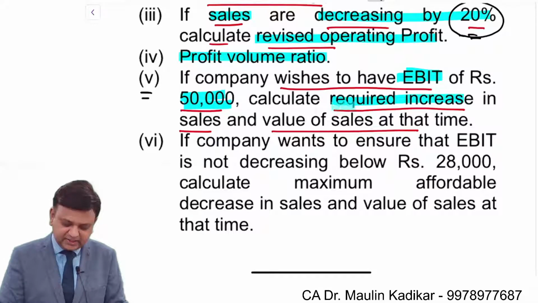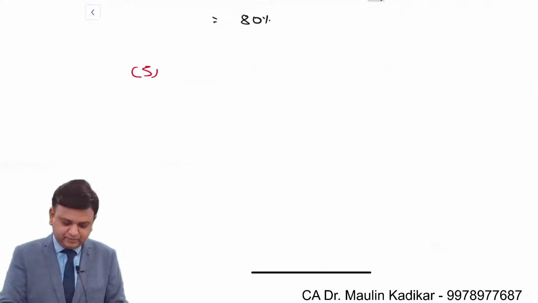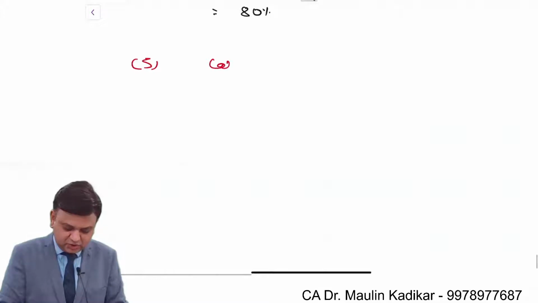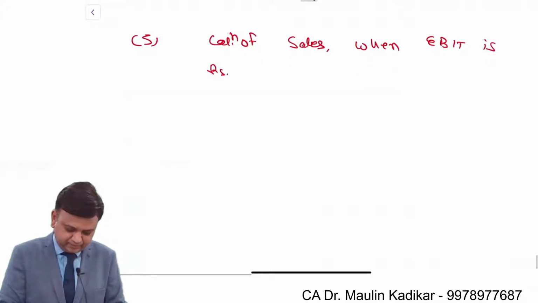Calculate the required increase in sales and value of sales at that time. So we understand that, say, calculation of sales when EBIT is rupees 50,000.